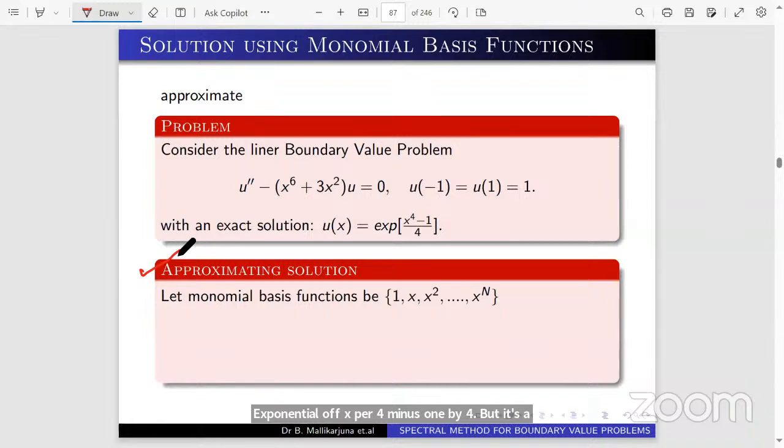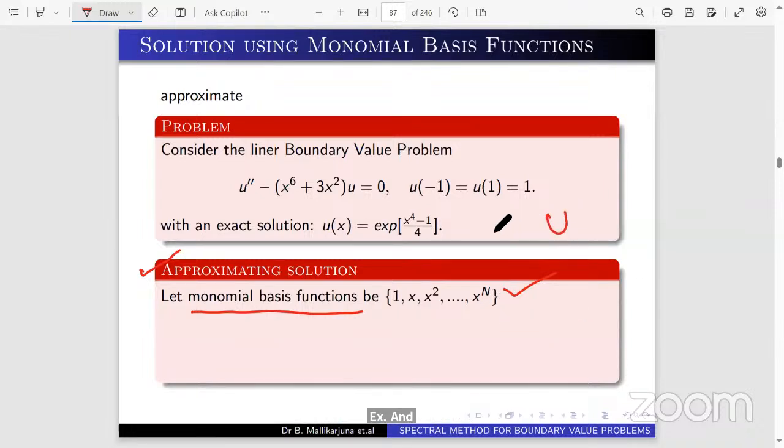First, we approximate the solution. To approximate the solution, we are taking one of the bases, maybe polynomials or Legendre or Chebyshev or Lagrange polynomials. So one I would like to consider is the monomial basis functions, that is 1, x, x square and so on, x power n. And with these we approximate u of x.